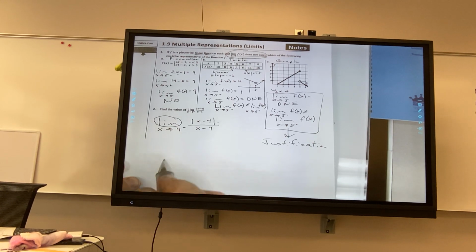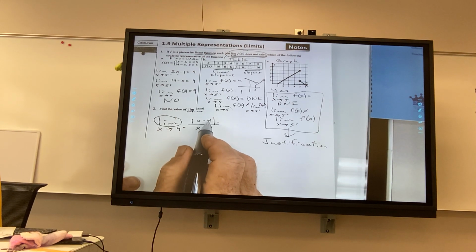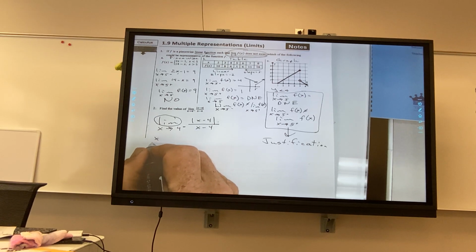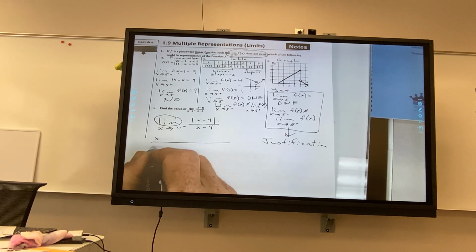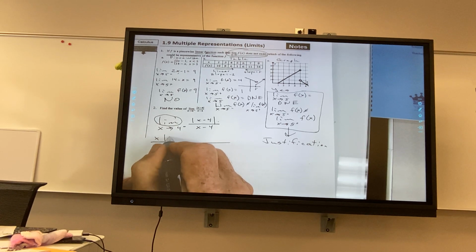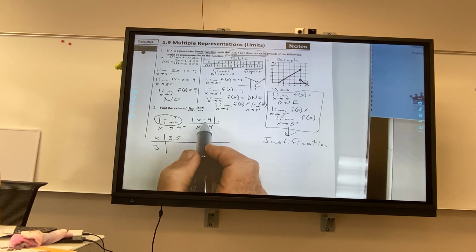Okay? So I can put a 3.5 up here, correct? Yeah. What will I get? So let me just write a little table here. You said put in 3.5, correct? So 0.5 on top.